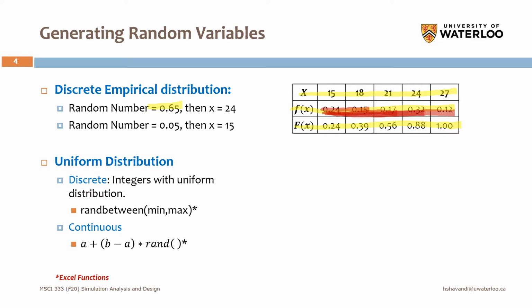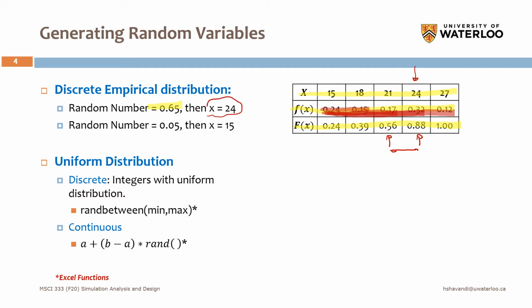Here we have these two numbers in the CDF, 0.56 and 0.88, and 0.65 lies between them. The upper limit, 0.88, maps to the x value, which is 24. So x is 24 here.